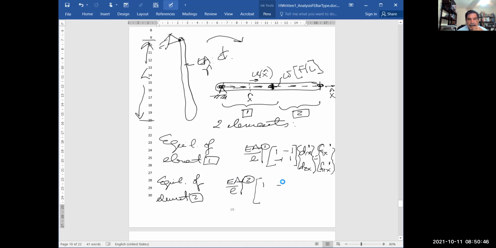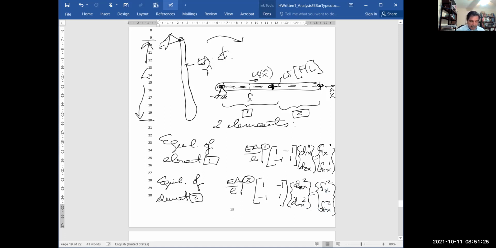So it's going to be the matrix [1, -1; -1, 1]. And this is going to be the first displacement of the second element, and this is the second displacement of the second element. And on the right-hand side, we have something similar. We have the first force of the second element, and this is the second joint of the second element.